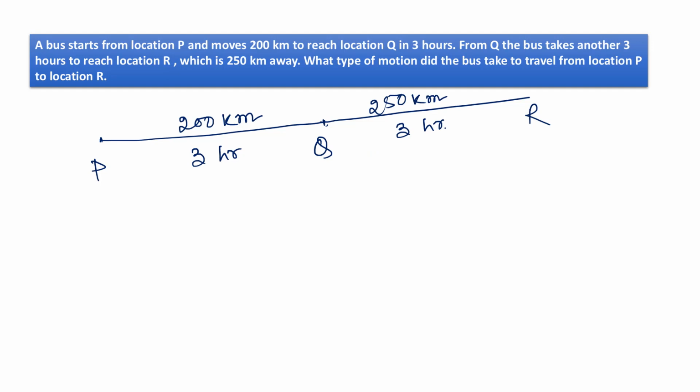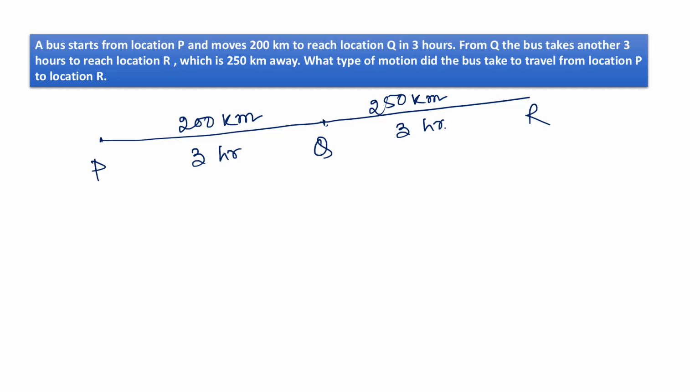Right? So what type of motion did the bus take to travel from location P to location R? So just see the question. From location P to location Q, you are traveling 200 kilometers in 3 hours.